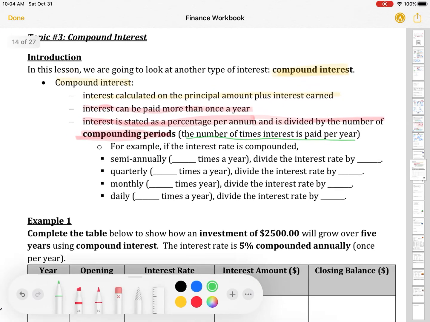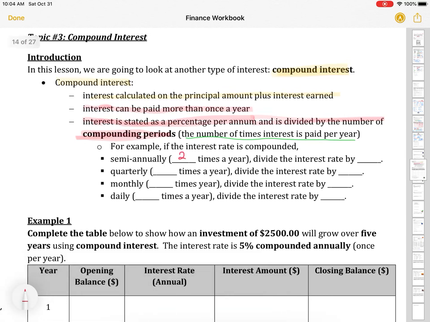So for example, if the interest is compounded semi-annually, that would be 2 times per year, and we would divide the interest rate by 2. If it's compounded quarterly, it would be 4 times a year, so we would divide the interest rate by 4.